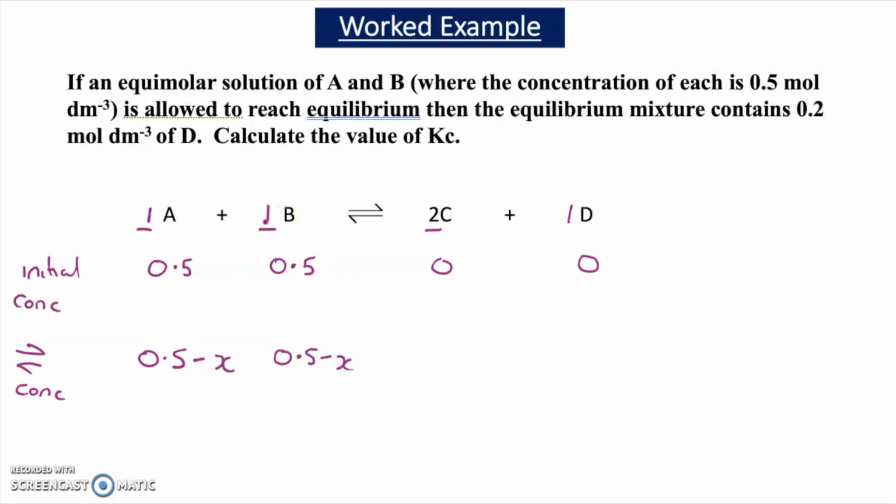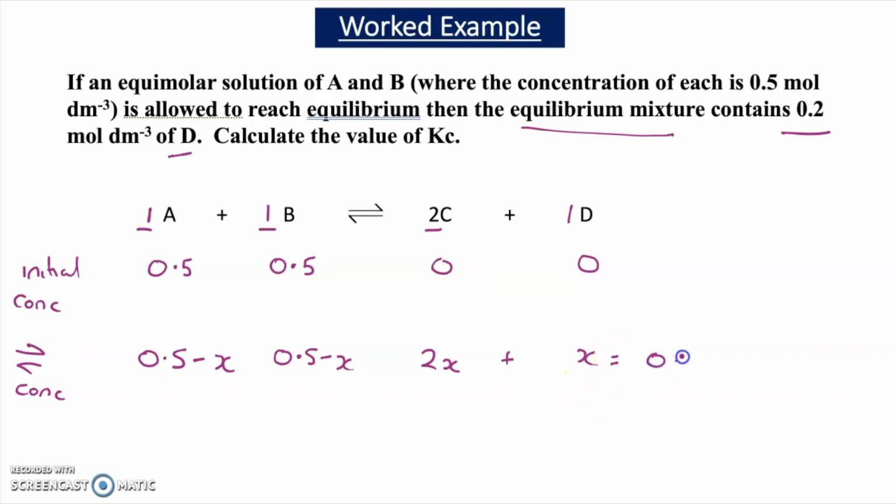To represent the equilibrium concentration of B, I'm going to write 0.5 minus x, once again minus 1x because there's 1B in the chemical equation. For the concentration of C at equilibrium, we write 2x because there are 2 moles of C, and x is the number of moles that form. And for D, we write x because there's 1 mole of D in the equation.